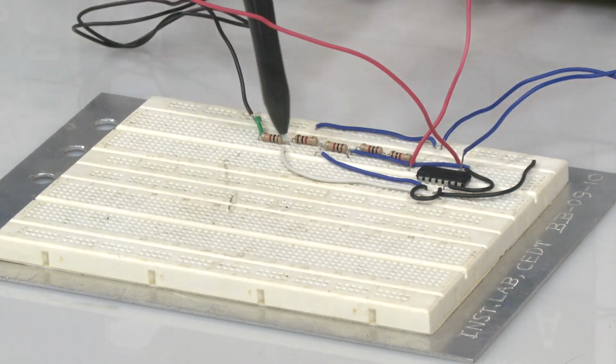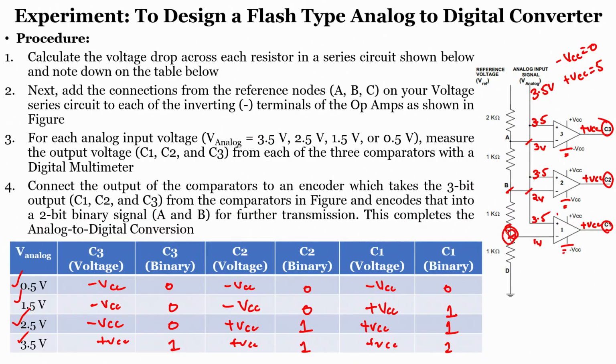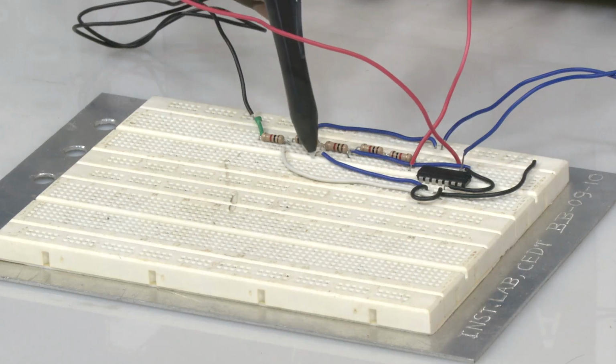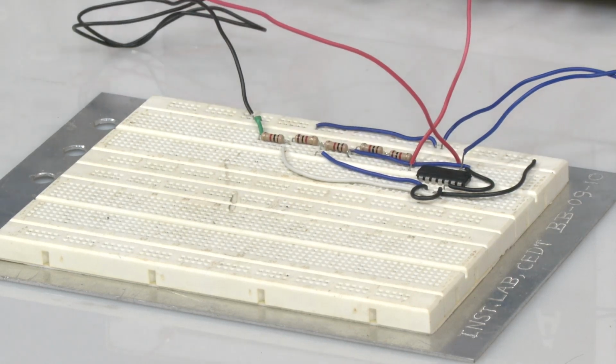The output we take at this point is nothing but VC. When you look at the screen, this is that particular value, whereas this blue line is VB, and this blue line is VA.